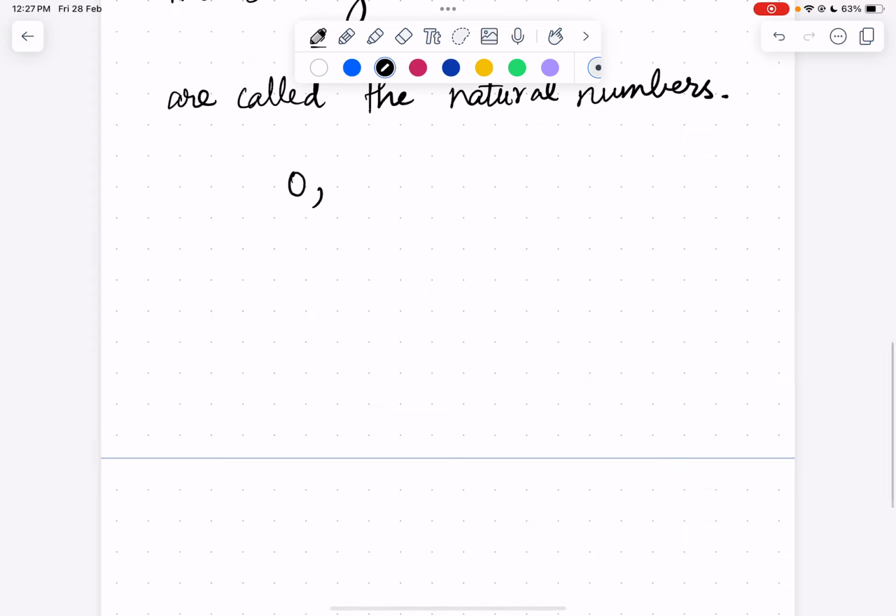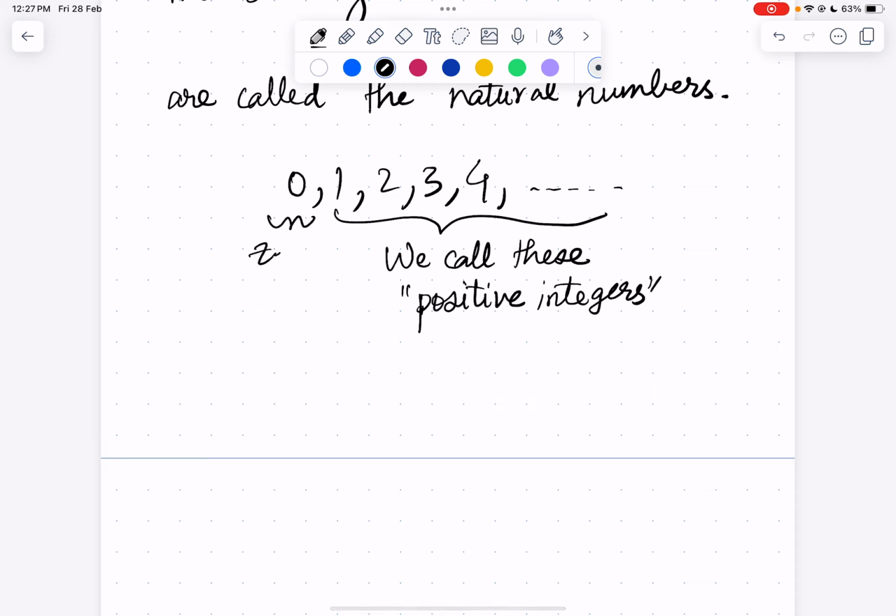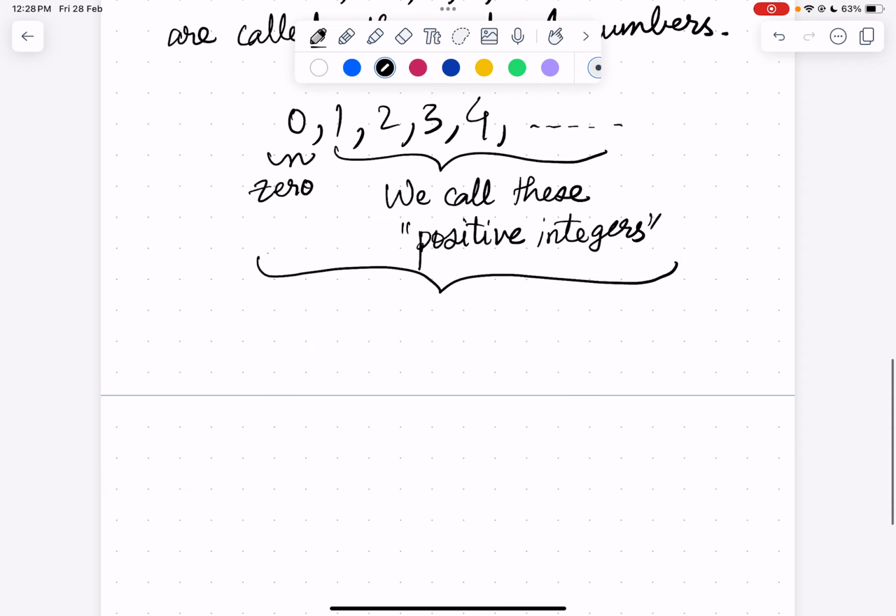Starting from 1, we call these positive integers. And including 0 we call these the natural numbers.